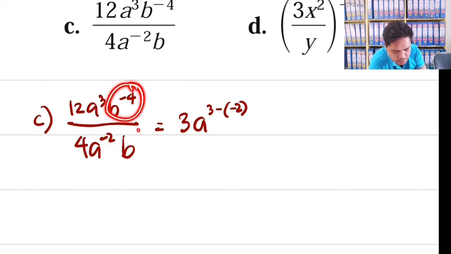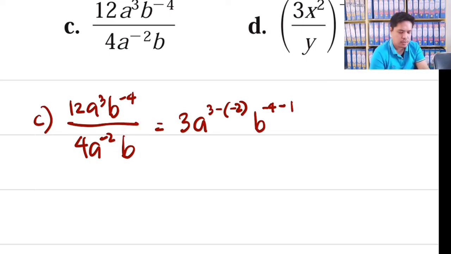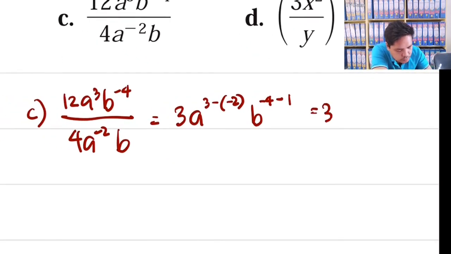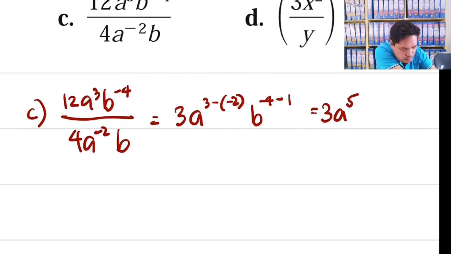Again, i-minus natin yung exponent. So that would be b raised to negative 4 minus the exponent here, 1 minus 1. Yan. So that becomes 3 times a raised to 3 minus 2 times negative 2, that's 3 plus 2, 5. Okay?